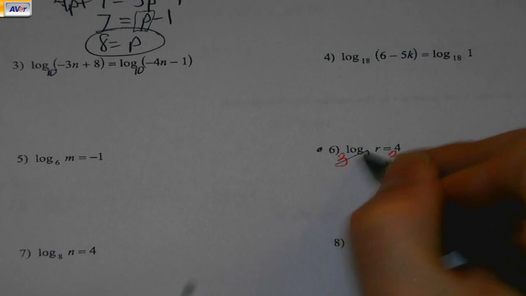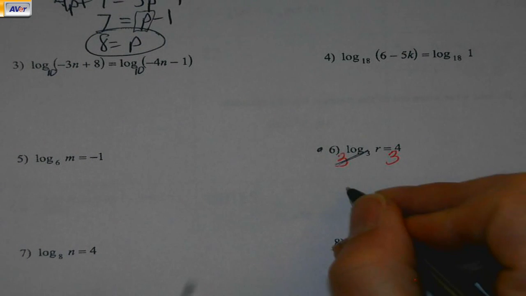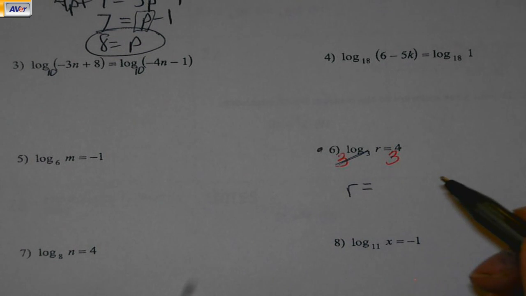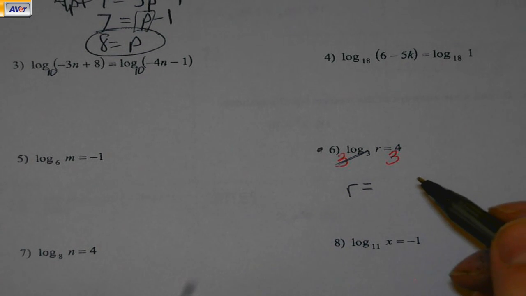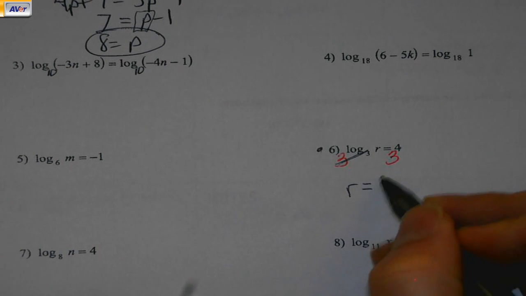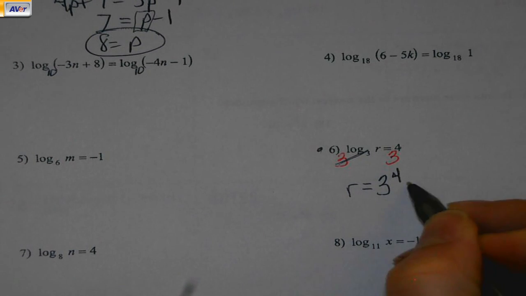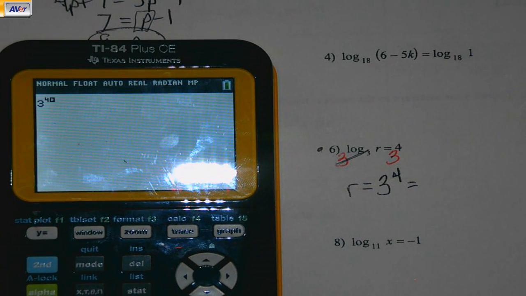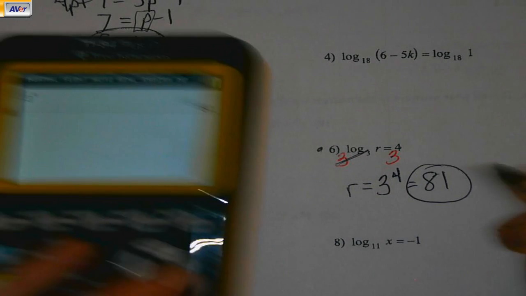So the 3 and the log 3 are inverses. And here's where I've got to watch it. That's not 3 times 4. Remember, exponentiate. The base word of that is exponent. So this has become 3 to the 4th power. So 3 times 3 times 3 times 3. And again, if we're not sure on that, go ahead and type it into the calculator and get my answer.